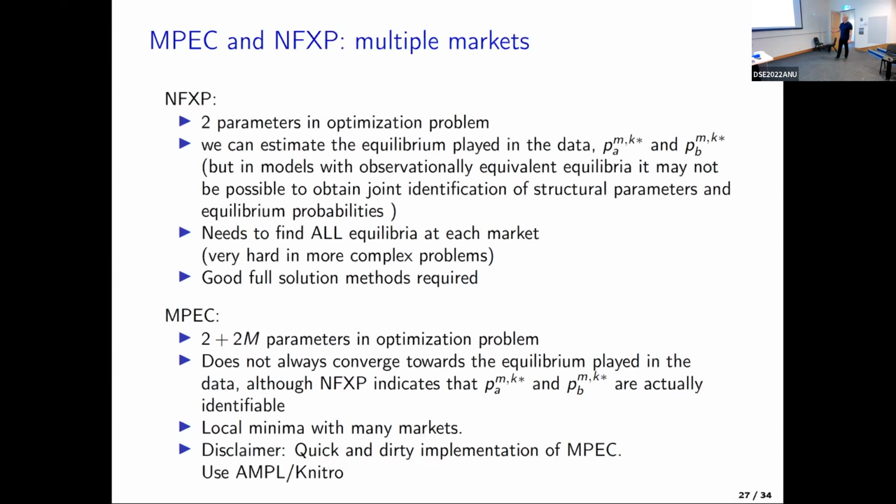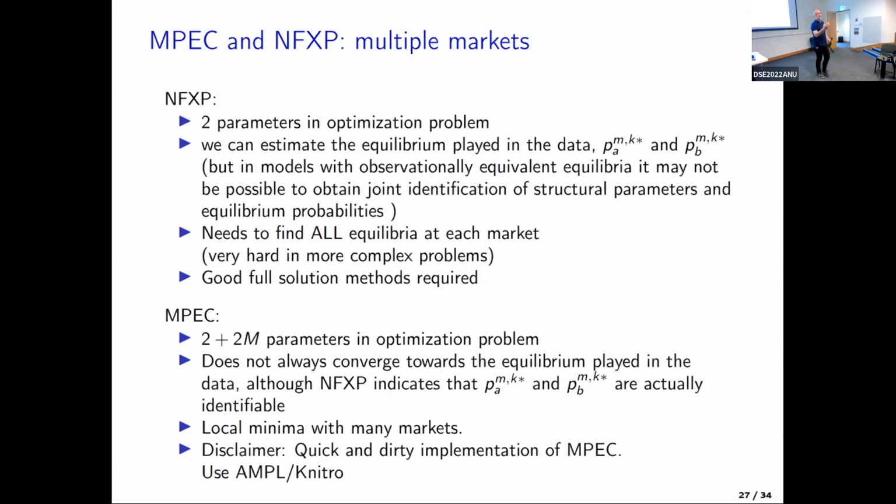The main drawback of the NFXP implementation is that it needs to find all the equilibria in each of the different markets. That can of course be hard in more complex problems. Of course, here we are solving for all the equilibria anyway, so we're just reusing them. The flip side of that problem is you can have local minima with many markets.